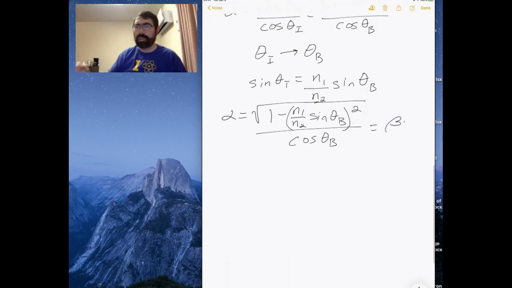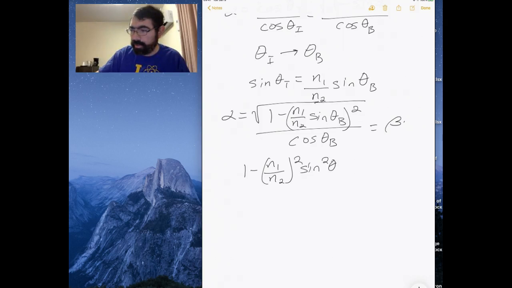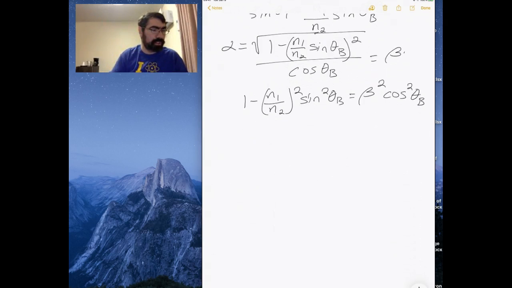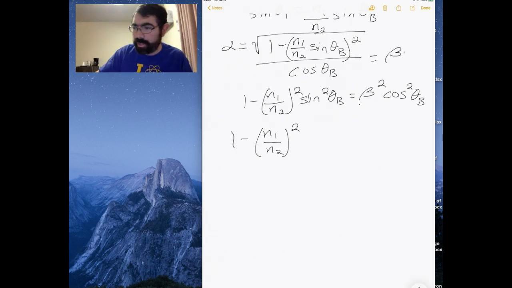Okay, so let's rearrange this. If I square both sides and multiply by the cosine, I get 1 minus n1 over n2 quantity squared, sine squared theta b, is equal to beta squared cosine squared theta b. And then I rearrange it a little further. The cosine squared I can write in terms of the sine squared. So I have 1 minus n1 over n2 quantity squared, sine squared theta b, is equal to beta squared times 1 minus sine squared theta b.